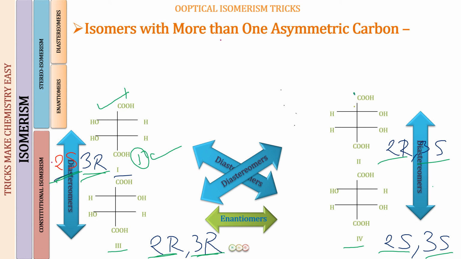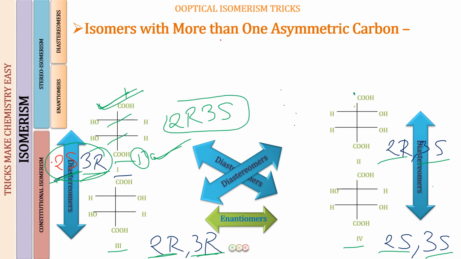So if I have done the RS configuration from this end, I get a 2S, a 3R. If I do the RS configuration from this end, what will be the name of this compound? Here this was the R configuration, so now I can write it as a 2R, and this is going to be my C3 now, so that would be an S configuration, so this is a 3S.